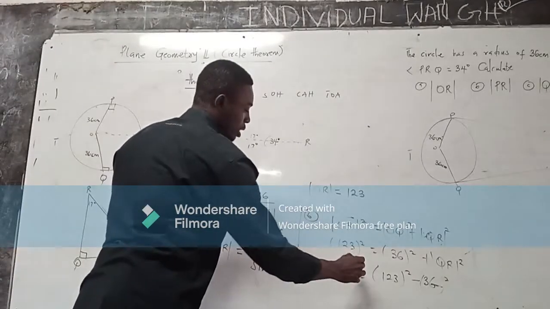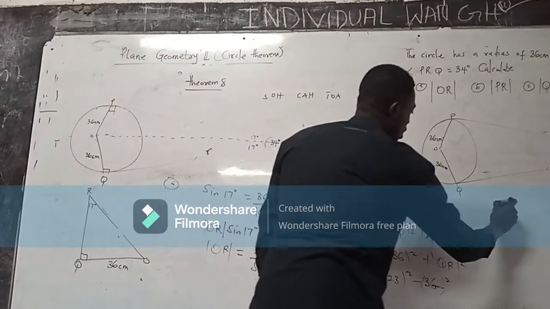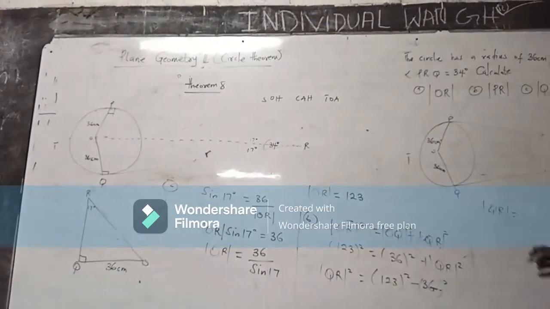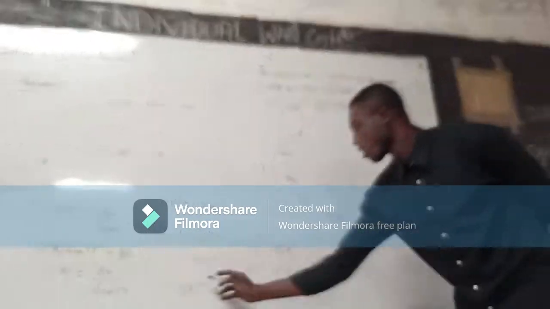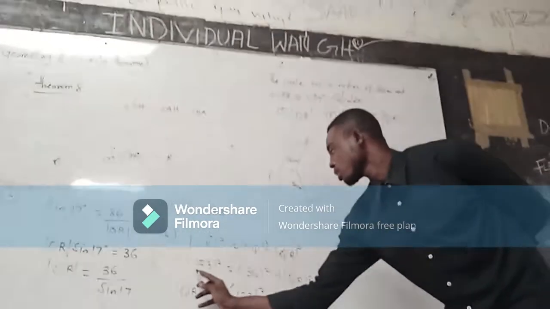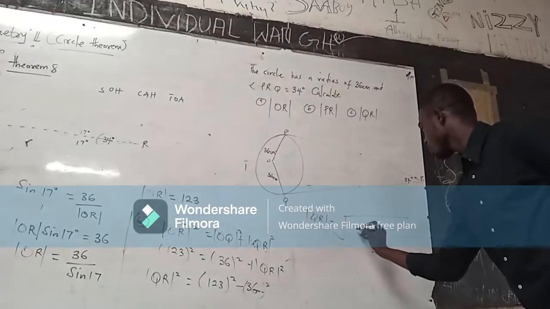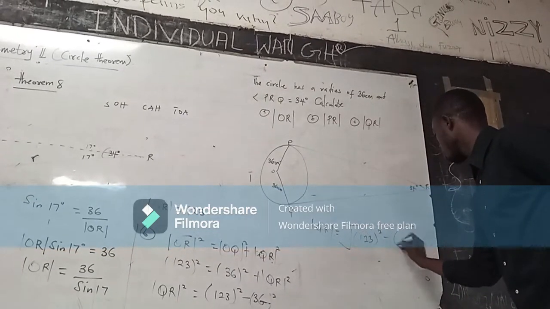So the square root will just cancel it. So we will get QR will be equal to the square root of, once we are bringing the square roots here, it will cancel this square. So we just write this, but we will bring it here. 1, 2, 3, this.